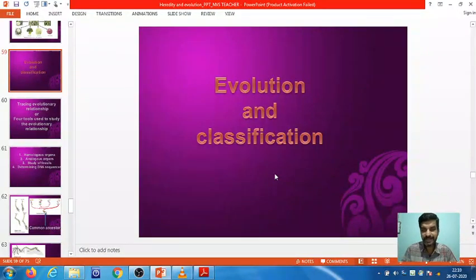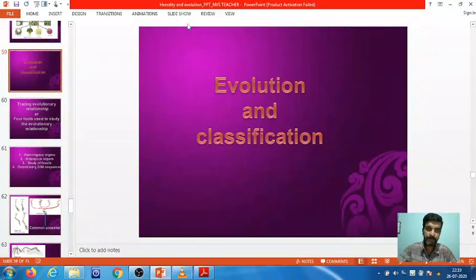So there will be a little bit more changes. Or if you take a clan, many related families will form a clan. In that way, we say that evolution can be used for the purpose of classification. That is the main idea of this.